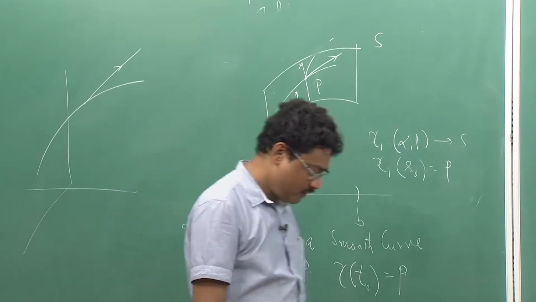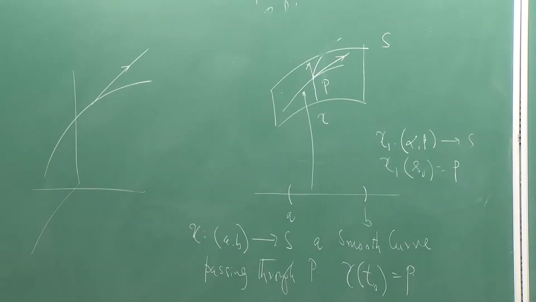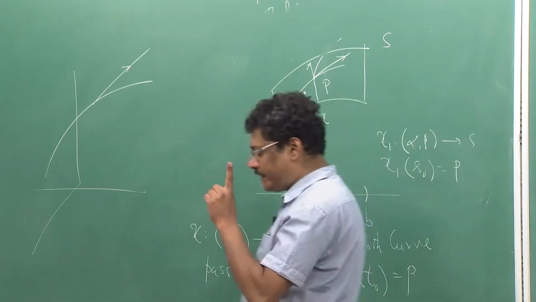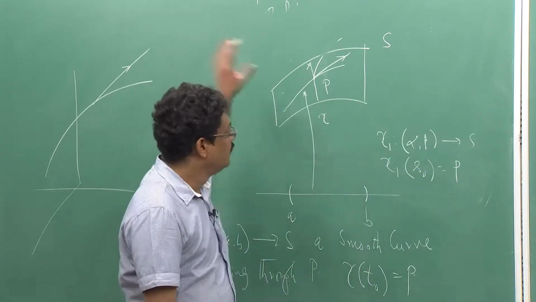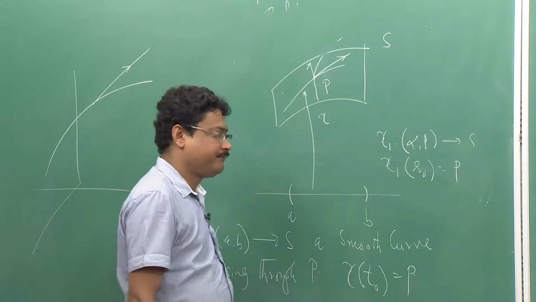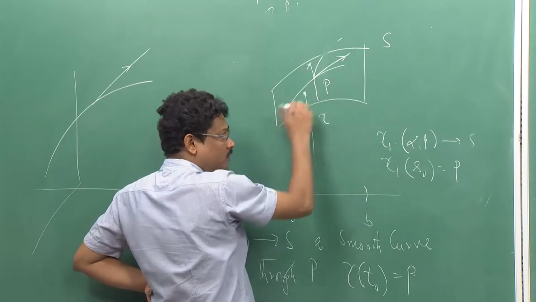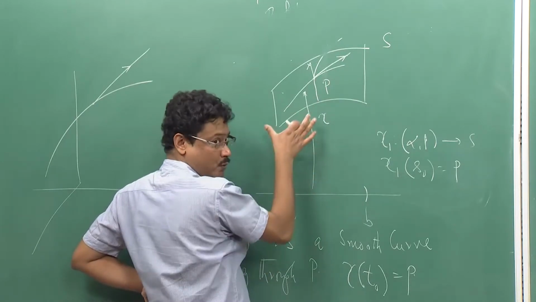So, what should we call a tangent at a point? You understand that I cannot just take one single vector to say something is a tangent, but after all a surface consists of patches from R2.